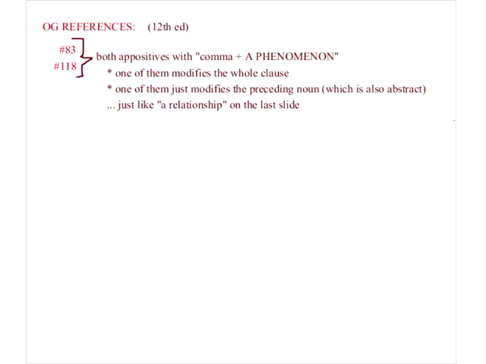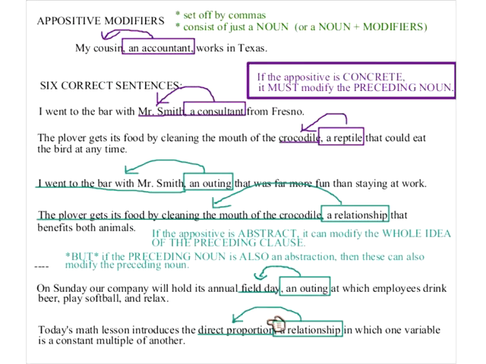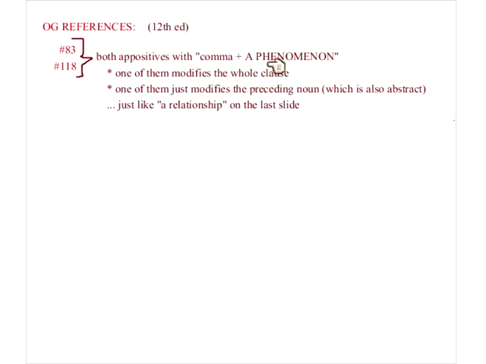Notice again on the last slide, comma a relationship just modified direct proportion, because this is another abstraction. But in this case, a relationship was the whole interaction between a plover and a crocodile. So these two examples have the same sort of dichotomy going on. And interestingly enough, it's the same word. In both cases, it's a phenomenon.